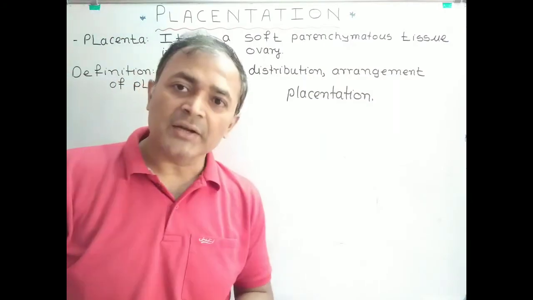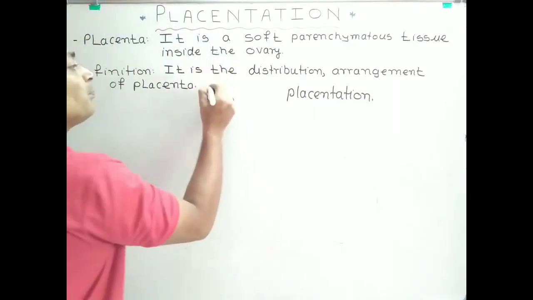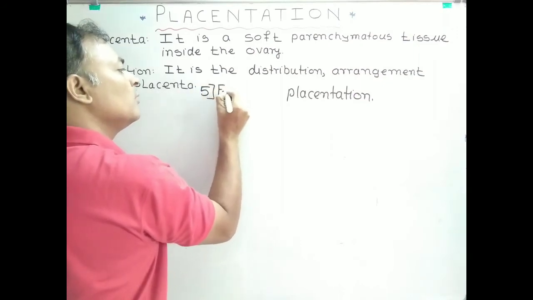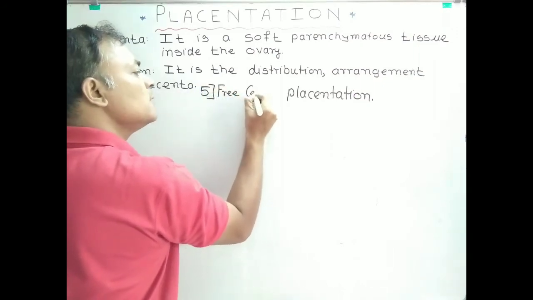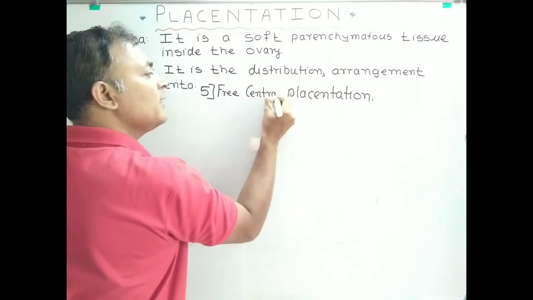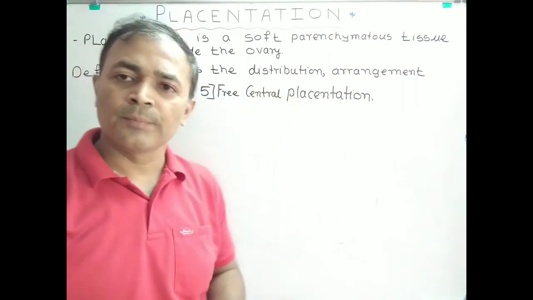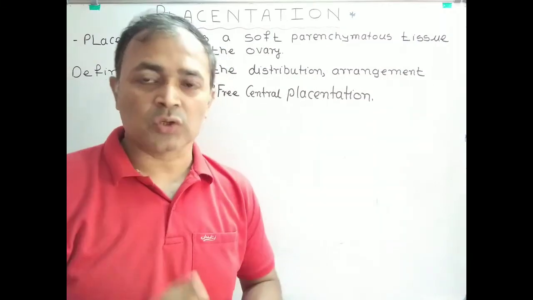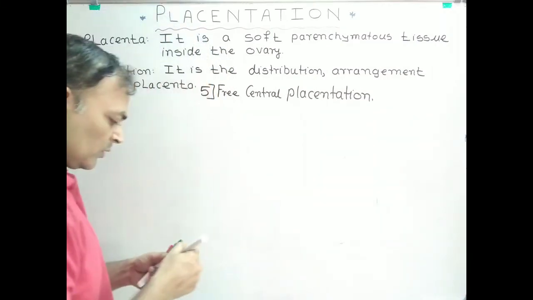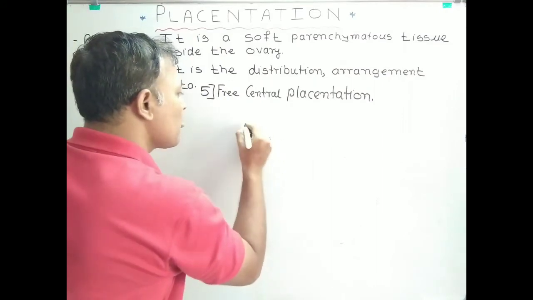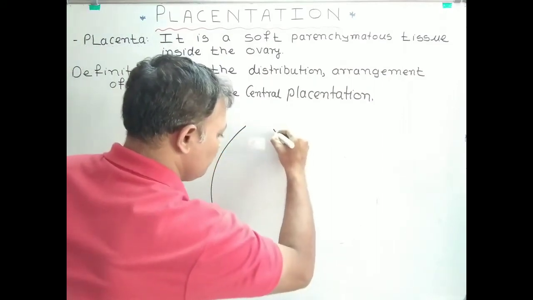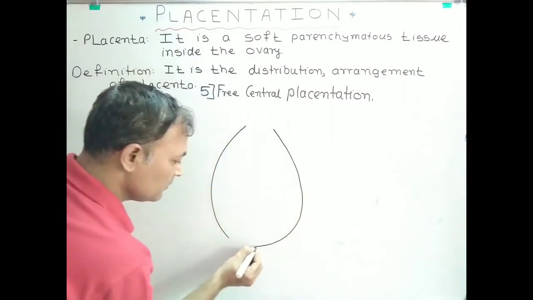In free central placentation, is number 5th, free central placentation. Okay, let us draw the diagram and we'll talk about that. Suppose this is the ovary.